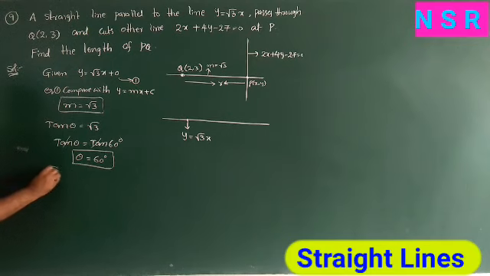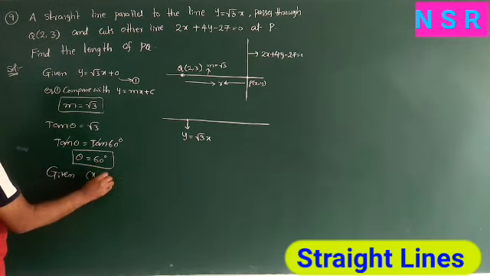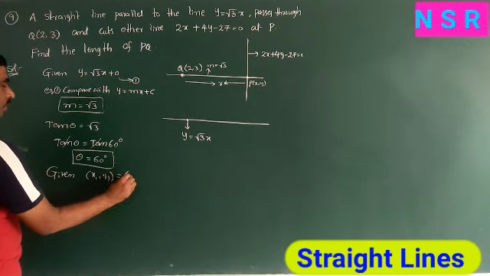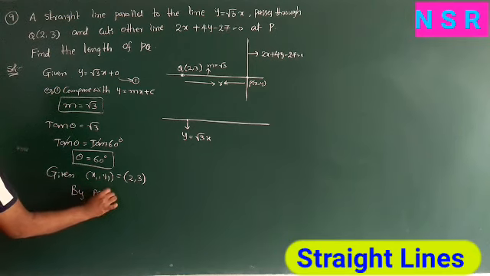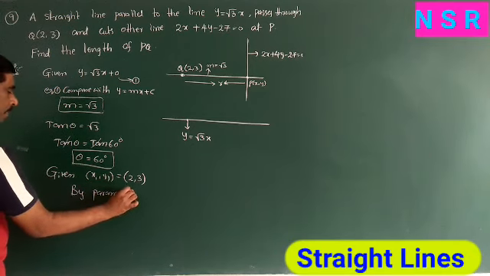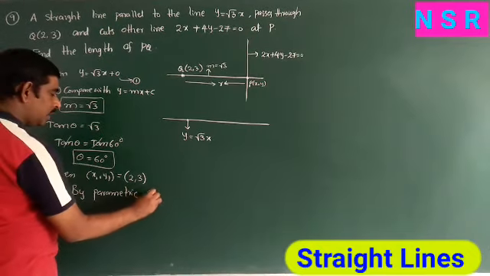And also given here is point Q. So given x1 comma y1 equal to 2 comma 3. So we get the theta value and (2, 3) as x1, y1. Now write by parametric equations.